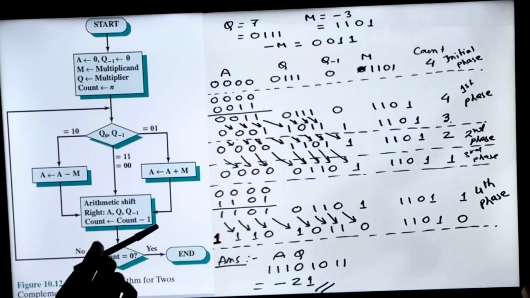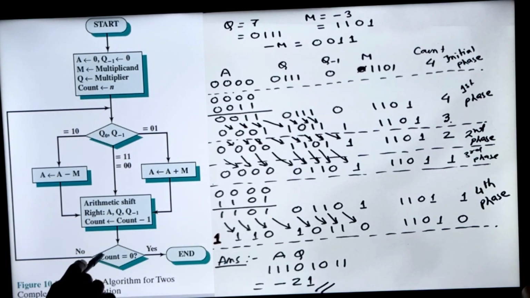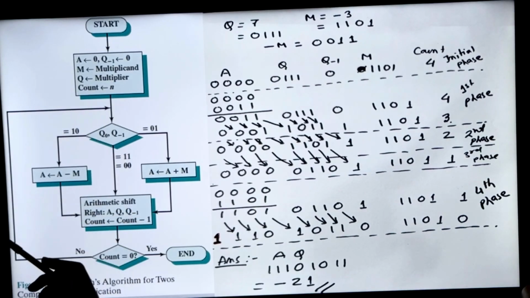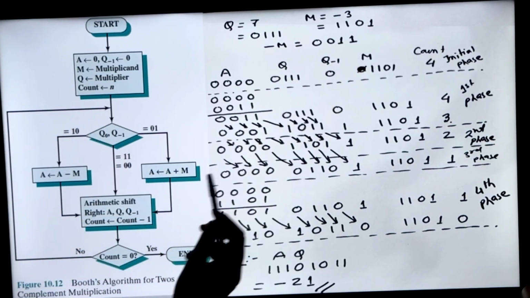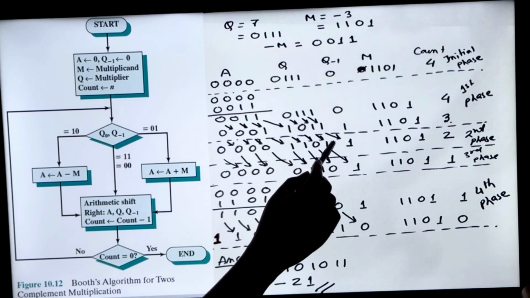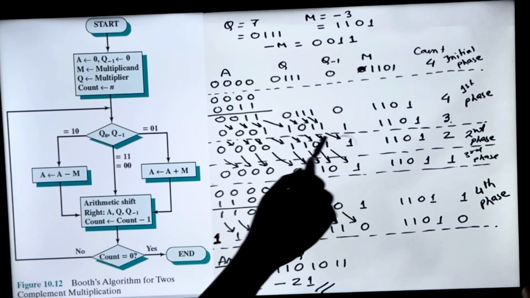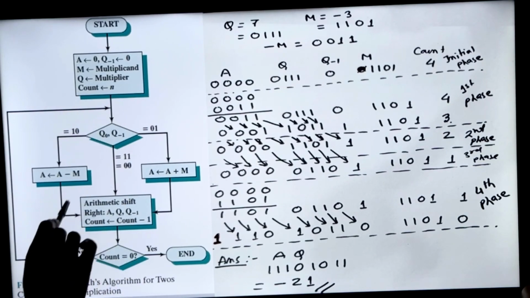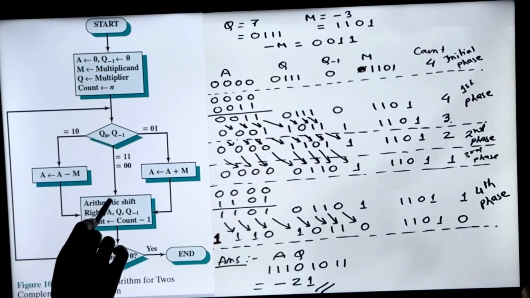So the second phase is done. My count is not 0 yet. What will I do? Again I will come back here and check q naught, q minus 1. This is the updated one. So q naught is 1, q minus 1 is 1. Again I got 1 1. If it is 1 1, again I will do the same operation here. No arithmetic because of 1 1. So again I will do a right shift.